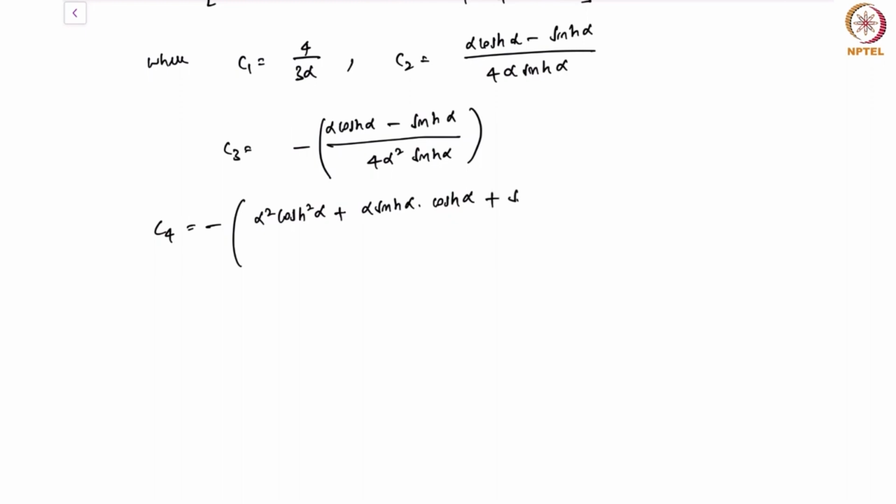plus sin h square of alpha divided by alpha.